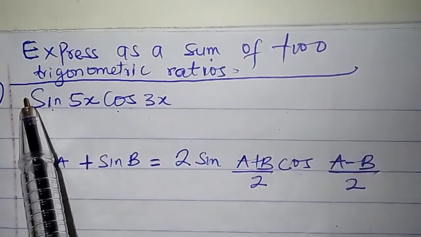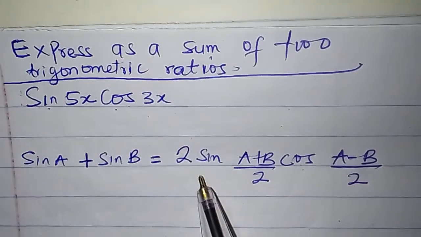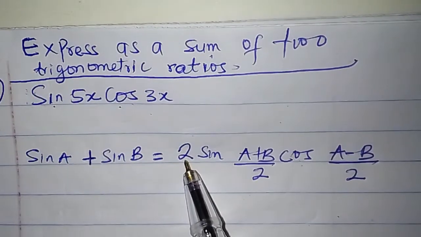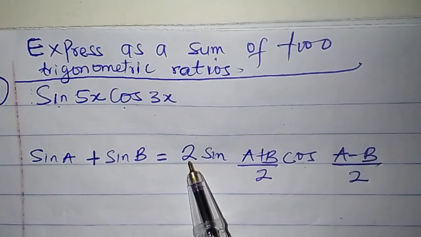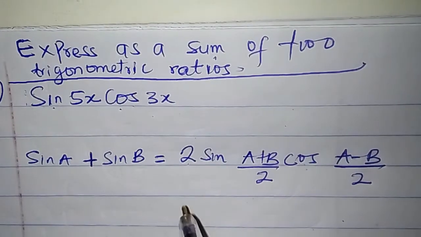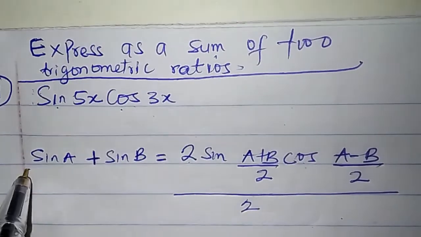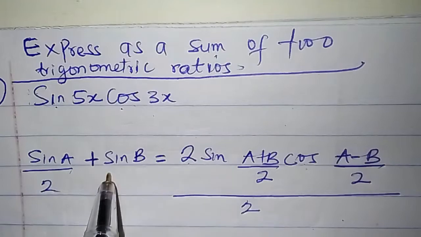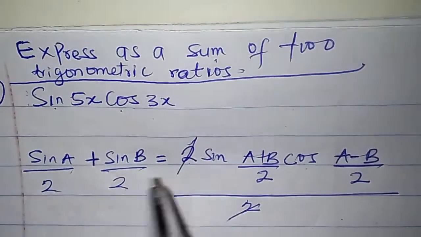Okay, my product here has a coefficient of 1, but the product I'm having here has a coefficient of 2. So let's eliminate this 2 by dividing both sides by 2. If I divide both sides by 2, it means I will divide sine A by 2, divide sine B by 2. 2 will cancel 2.